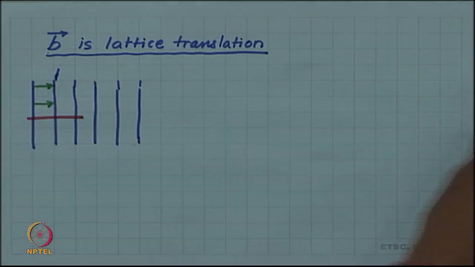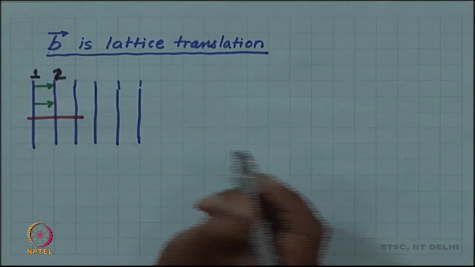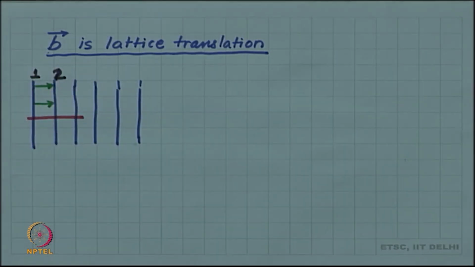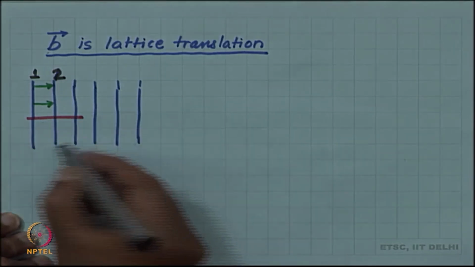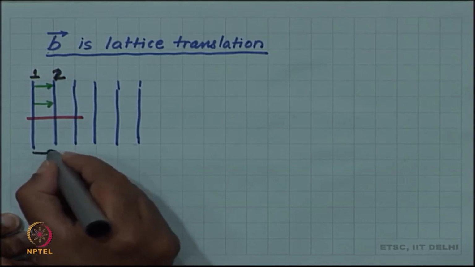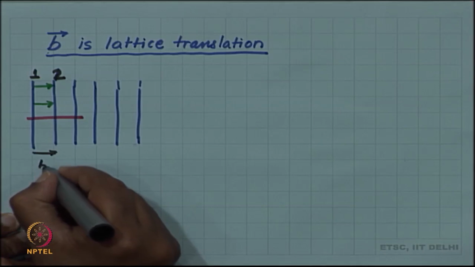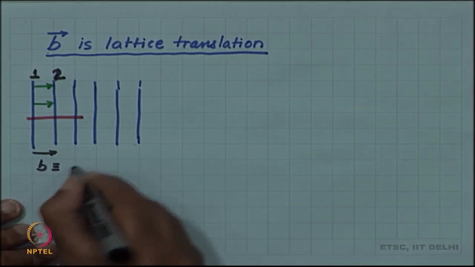So, the first plane was moved to the location of the second plane. In the simple cubic lattice, these planes are separated by a Burgers vector, and this Burgers vector is also a lattice translation.